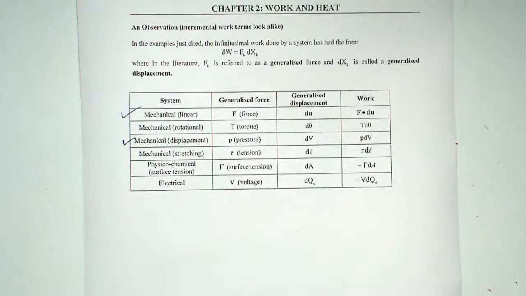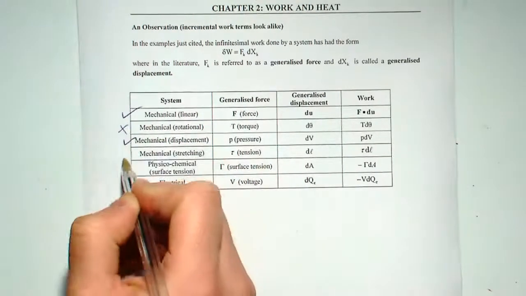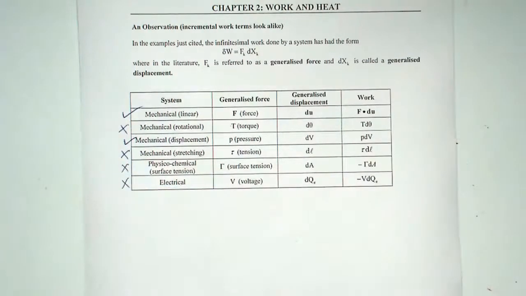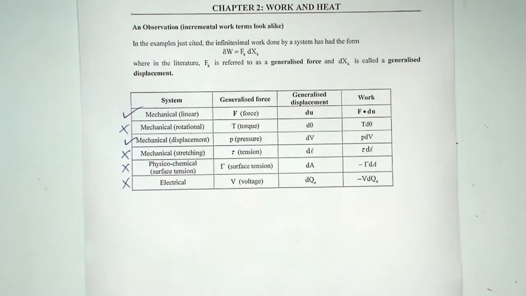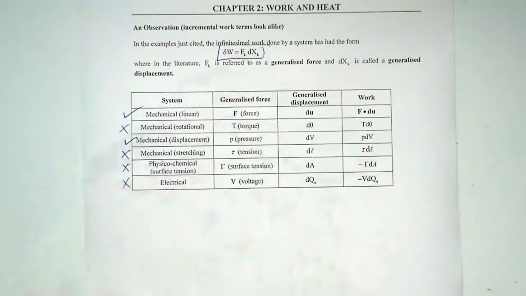I skipped, for example, the rotational one, which was the turbomachinery example, and the stretching, which is the surface. These two are beyond the content of this unit. But what I would like to say is that there is some similarity between these types of work, and they all fit in this type of equation.